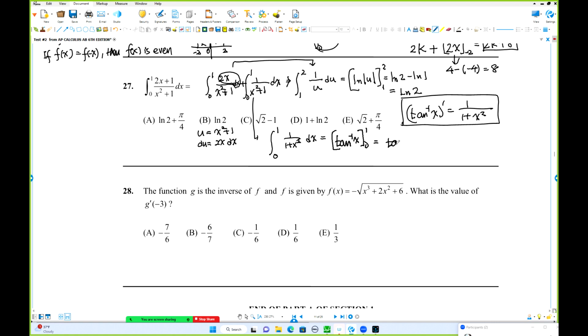This is arctangent 1 minus arctangent 0, okay? What is the value of arctangent 1? Arctangent 1 is the angle theta. What is the equivalent form? Tangent theta equals 1, that's the meaning, okay?